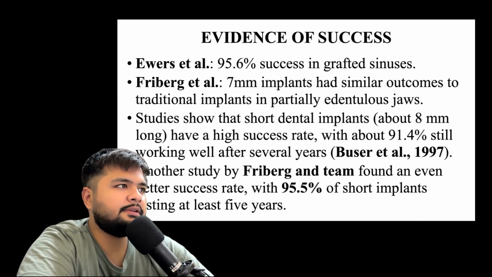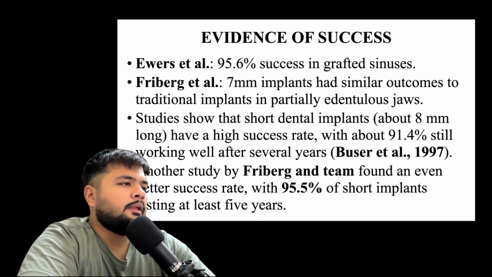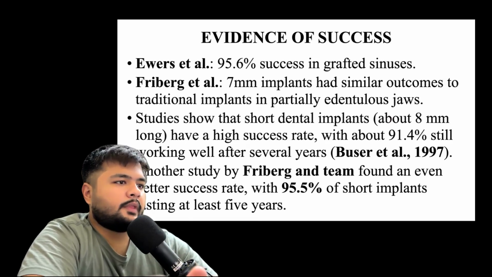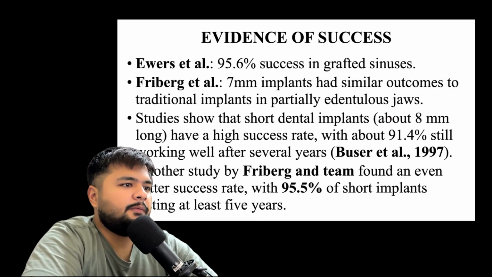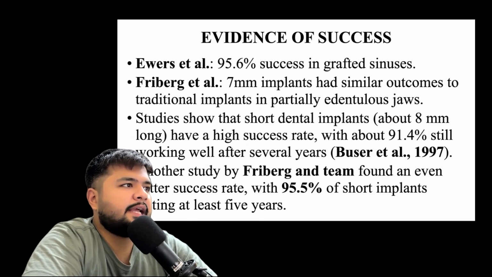Then coming to the evidence of success, so I have marked all these authors in bold letters. So for the exam going PGs, it might be the topics which need to be written in the exam to get you better marks. So Ewers et al. reported 95.6% success in grafted sinuses.